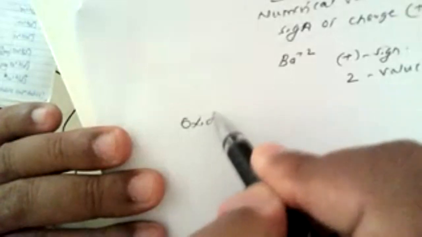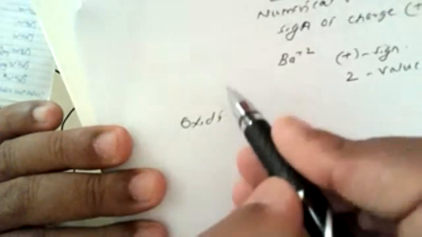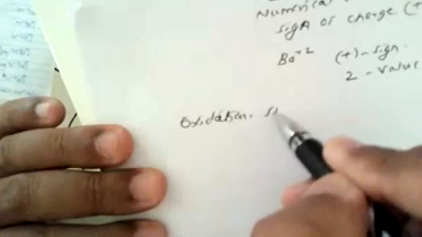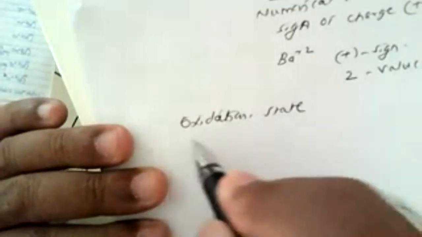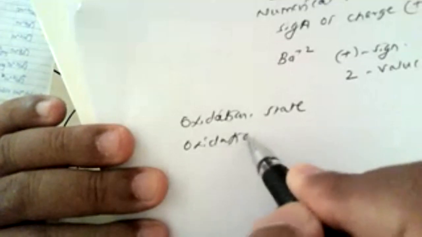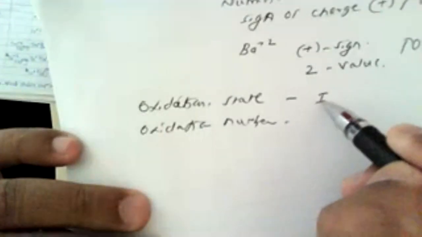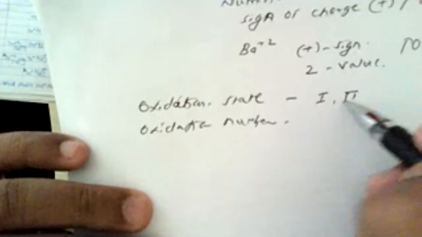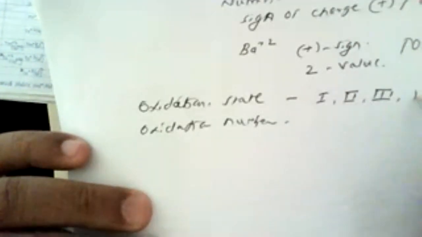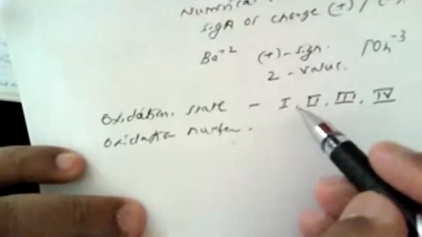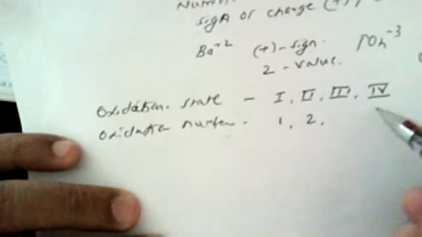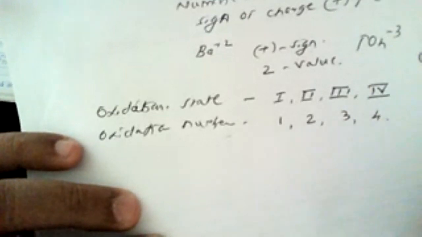How can we write the oxidation state? Suppose I write the word oxidation state, or if I write oxidation number, then oxidation state can be written in Roman numerals 1, 2, 3, 4, like that. And if we refer to it as oxidation number, then we can write simply the number 1, 2, 3, 4, like this.